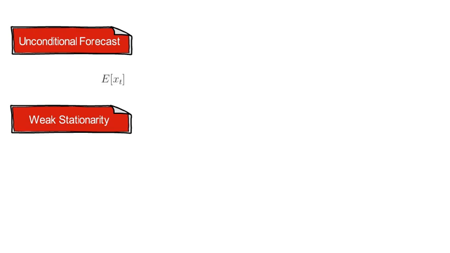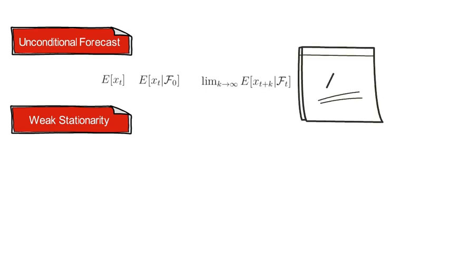We can also write that as the expectation of xt conditional on F0. And that coincides with the conditional forecast of xt plus k, where k goes to infinity. So here you have a mapping between the unconditional and the conditional forecast. Keep that in mind. It's really important.